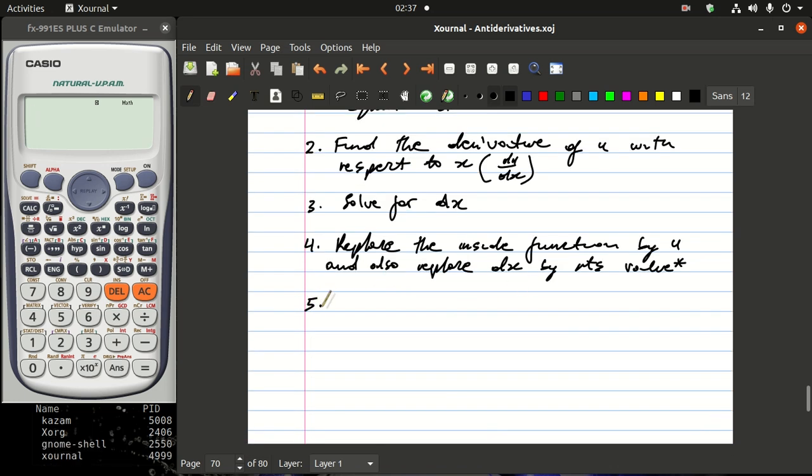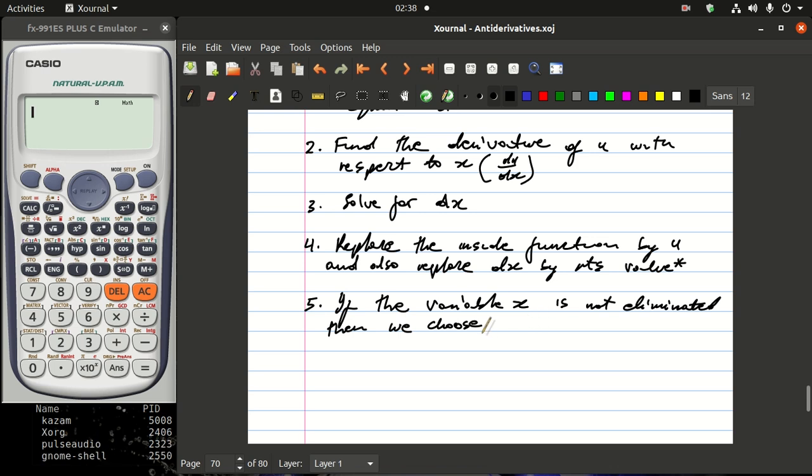And then the fifth one is saying this: if the variable x is not eliminated, then we have chosen the wrong u.